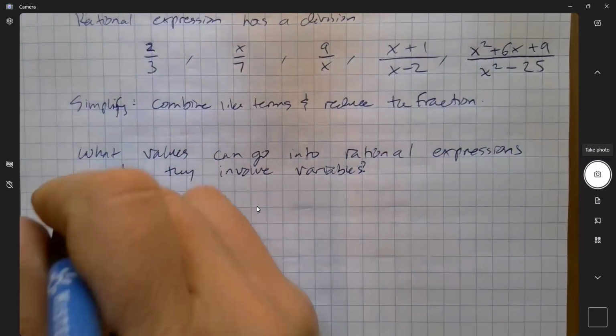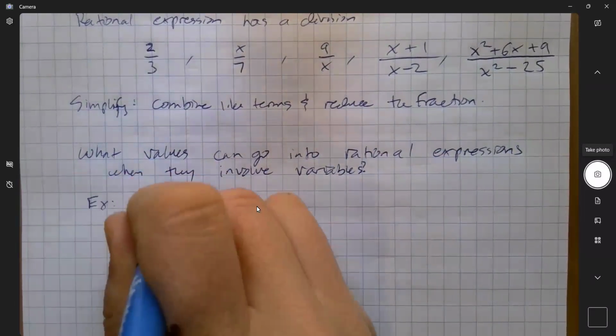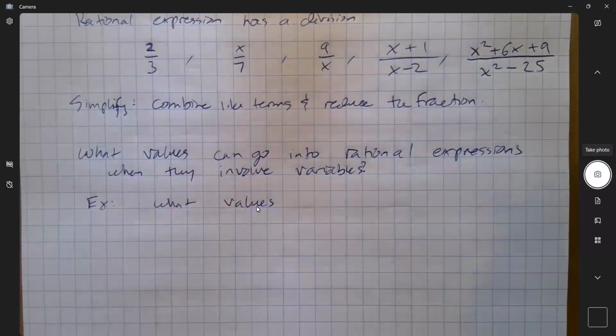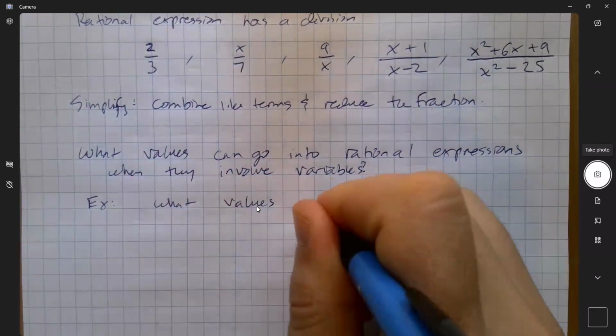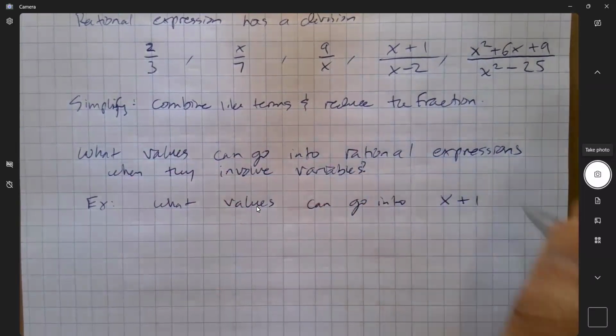So let me start with an example. And I'm going to start actually before my rational expressions. What values can go into the expression x plus 1?